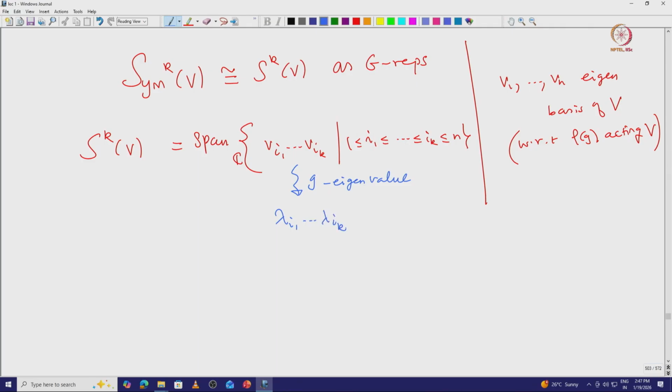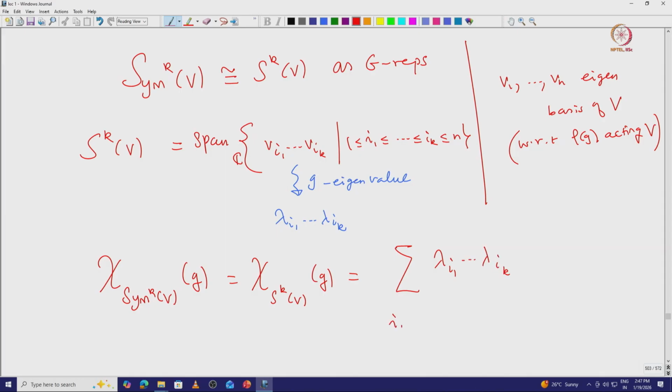So, if we are computing the trace, we can see that the trace of this Sym^k V of g is exactly equal to the trace of S^k V of g, which is exactly the sum of all the eigenvalues, lambda_i1 etc. lambda_ik, where the indices are arranged in increasing order from 1 to n.